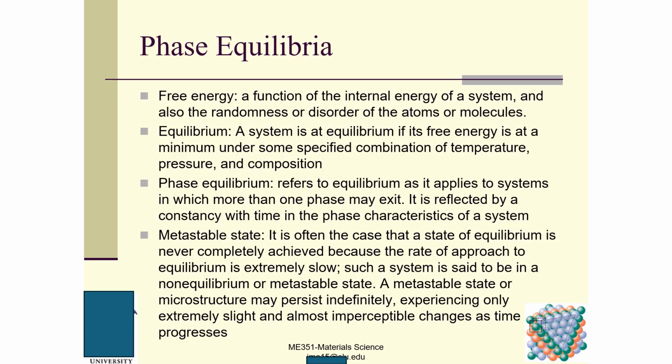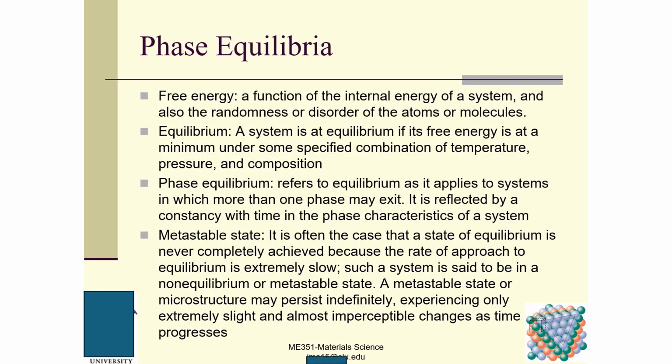It is reflected by a constancy with time in the phase characteristics of a system. So, metastable state. It is often the case that a state of equilibrium is never completely achieved because the rate of approach to equilibrium is extremely slow, and such a system is said to be in a non-equilibrium or metastable state.